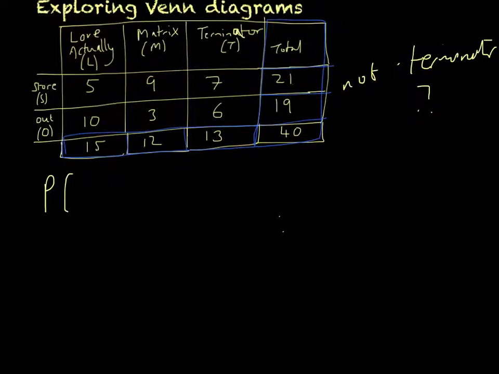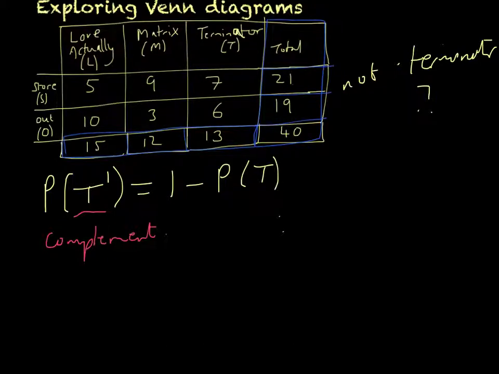We could write this notation-wise as T apostrophe, T dash, or it means T complement. So T complement means not that object. So if I want P of T complement, notice that this is the same as 1 minus P of T, because our total probability is always going to add up to 1, and it can never be less than 0.